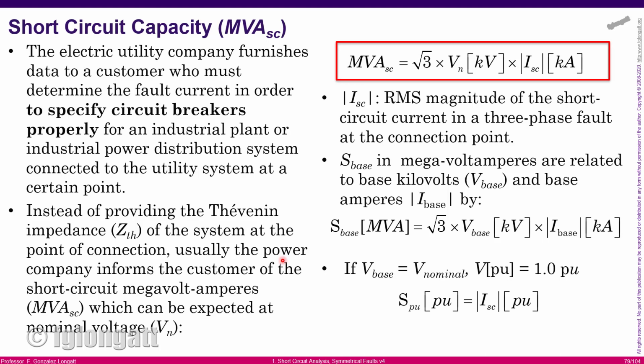For instance, it is the input for other studies. If you are taking my classes on power system protection, you must realize that if you are calculating the settings of a current relay, you need to know the short circuit level, the maximum and minimum short circuit levels. That is one use.